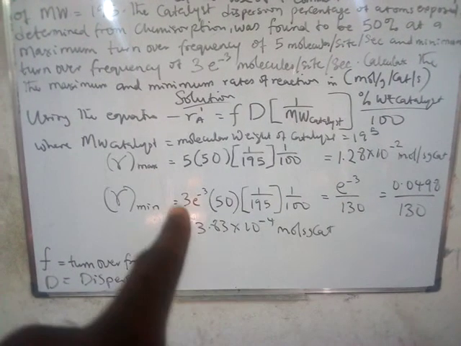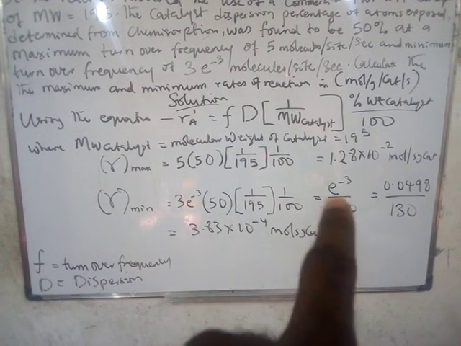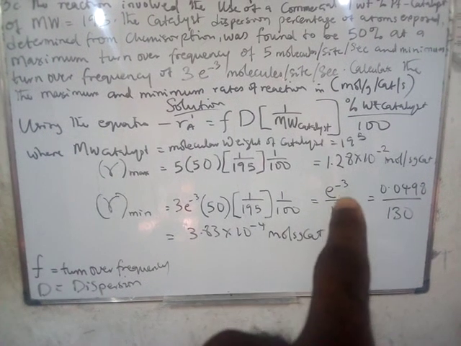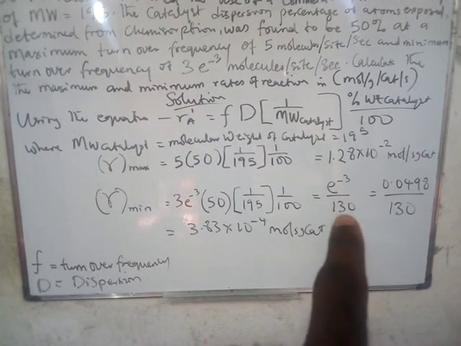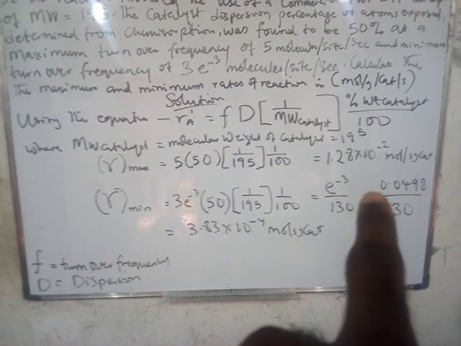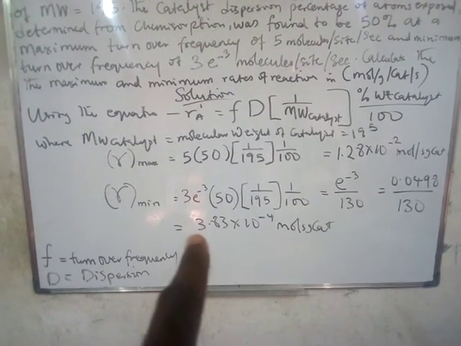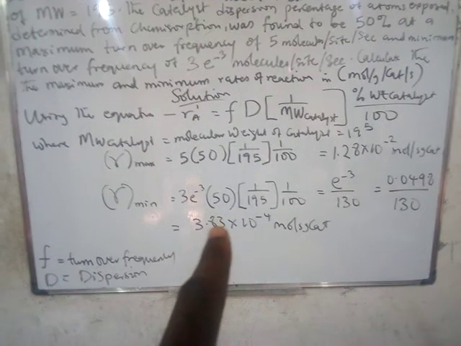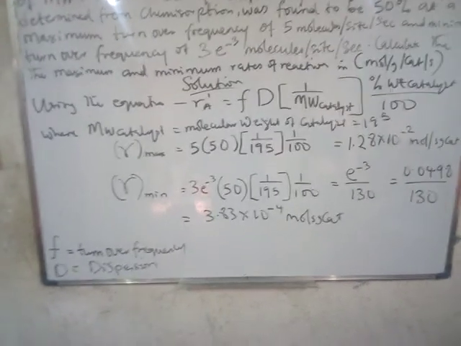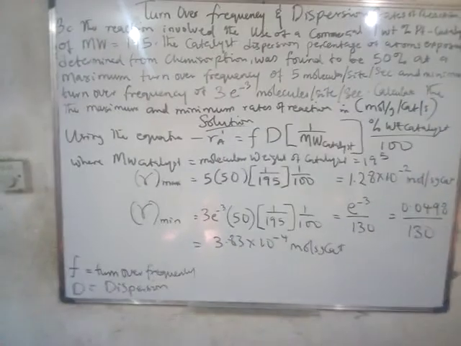If you clear everything, you will get e to the power minus 3 all over 130, which is 0.0498 all over 130, to give us finally 3.83 times 10 to the power minus 4 mole per second per gram catalyst.